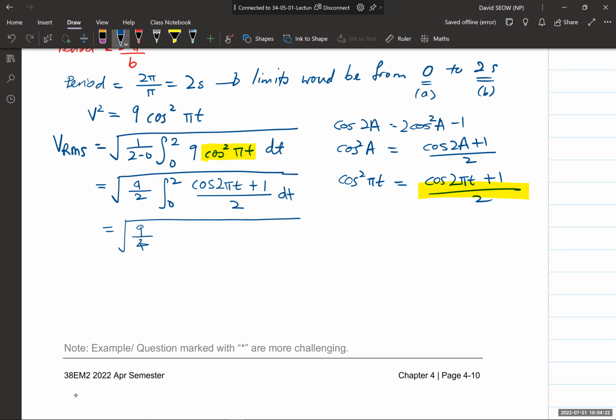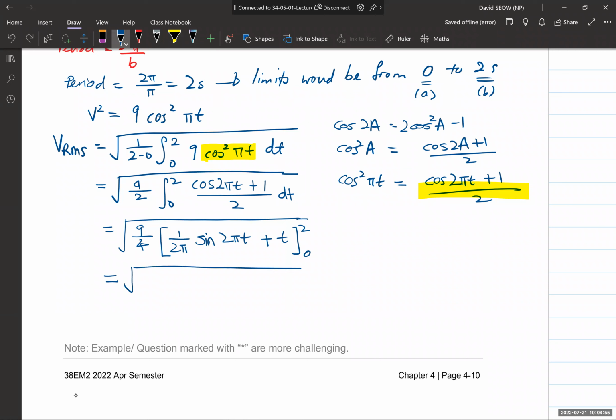Then what happens is that I will have to integrate cos 2 pi t, which will be 1 over 2 pi sine 2 pi t plus t, from 0 to 2. So I put in all the values.